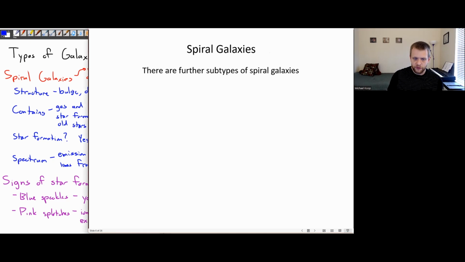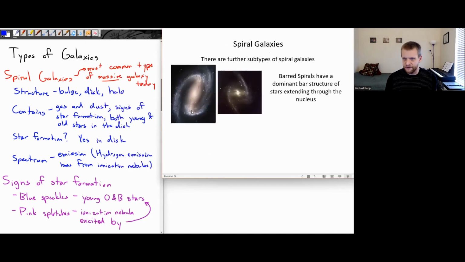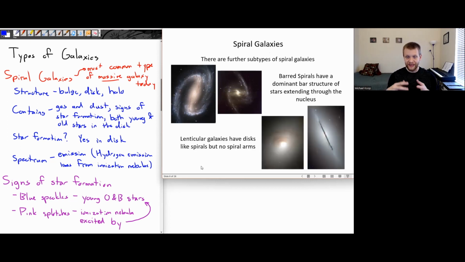Now, there are further subtypes of galaxies. We're not going to worry about this very much. We have these barred spiral galaxies, where it's got the disk, it's got the bulge in the middle and the halo around it, but it has this strong bar feature showing up and extending through the nucleus. We also have these lenticular galaxies.